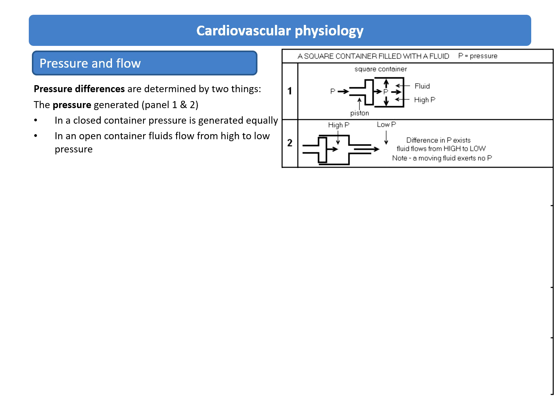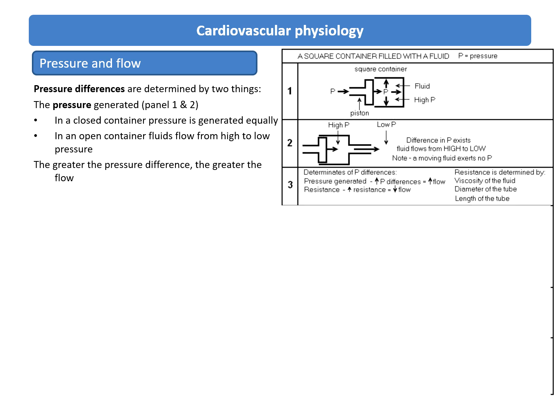If you take that same container and attach a tube to it, so it's open to the outside, the pressure difference will result in a flow of fluid. After all, fluids flow from high to low. By the way, moving fluid technically exerts no pressure. When you take someone's blood pressure, what do you do to the flow of blood? You stop the flow. The greater the pressure difference, the greater the flow.